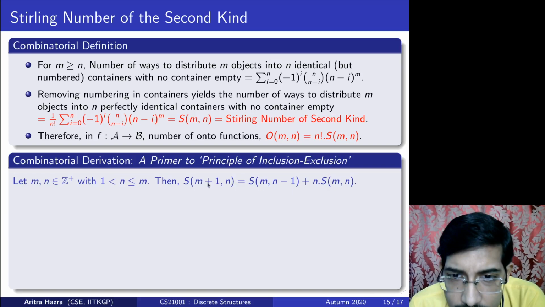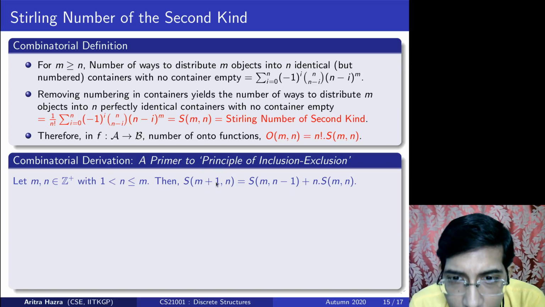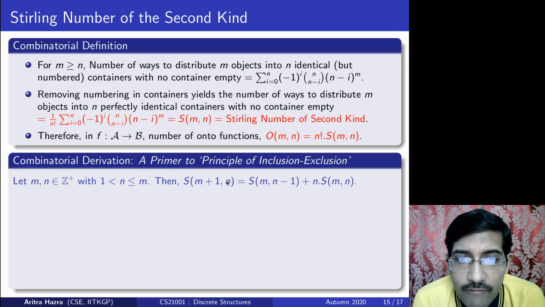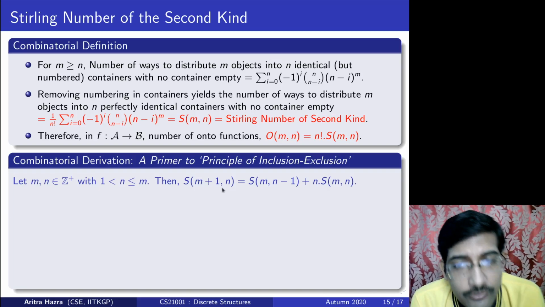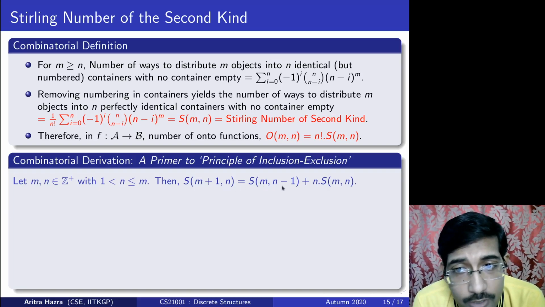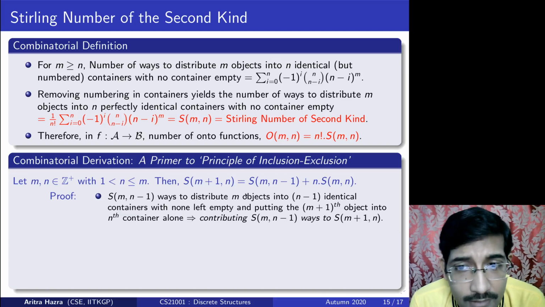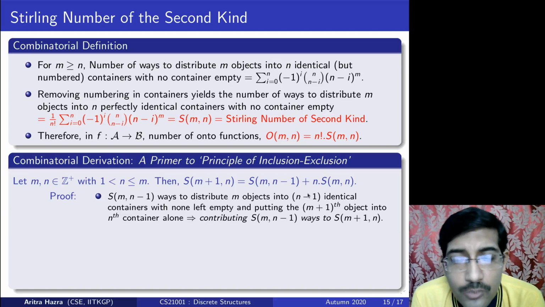What does this mean? It means I have m plus 1 objects to be distributed into perfectly identical n containers. What are the two different ways we can do it? One is that we distribute m objects into n minus 1 containers, and then the remaining m plus 1th object we put into the nth container, which will take only that one object.